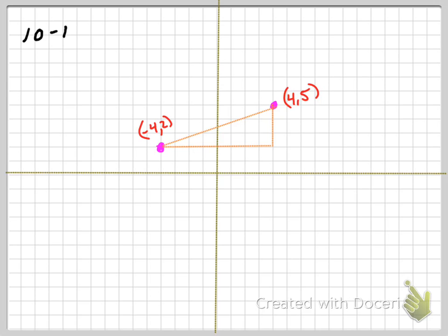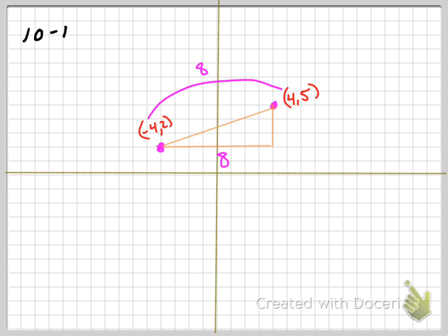The way to find those legs, besides looking at the picture, is to look at the x-coordinates and ask, how far is it from negative 4 to positive 4? 8, right. So that side's going to be 8. But we don't even need a picture to do this.